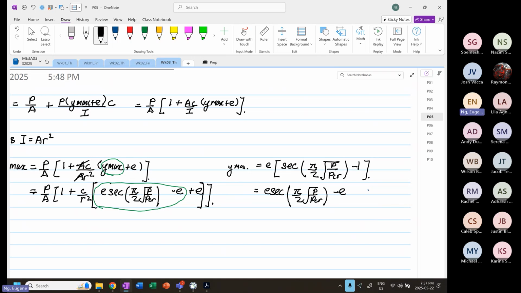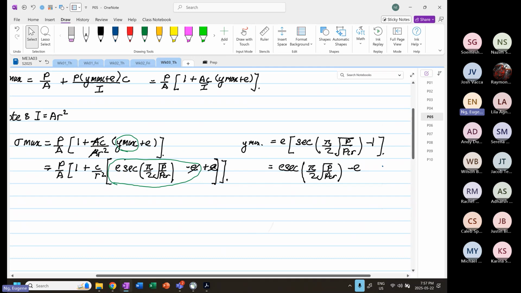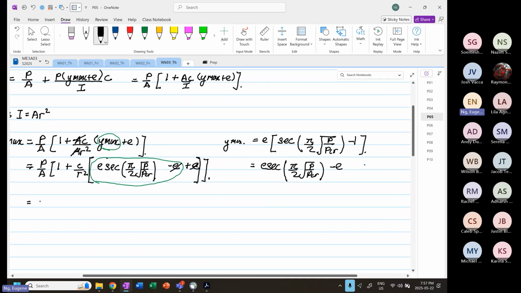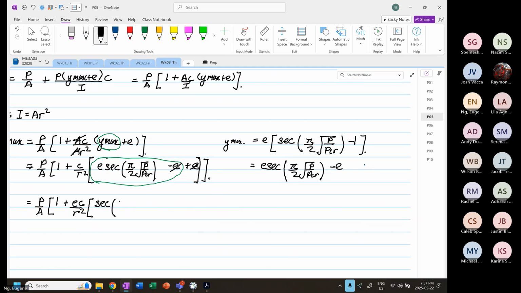So from here, we can get rid of our E's. So finally, we have P over A, 1 plus EC over R squared, okay? And then we can have secant, bracket pi over 2 square root P over PCR, close bracket, and one bracket here.